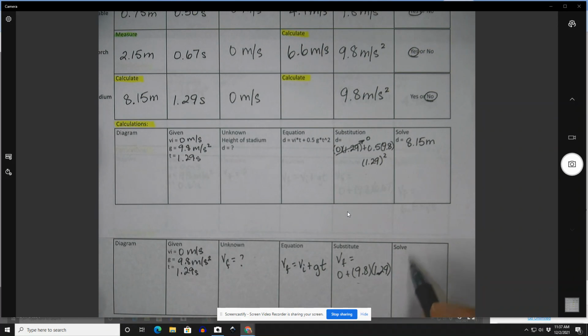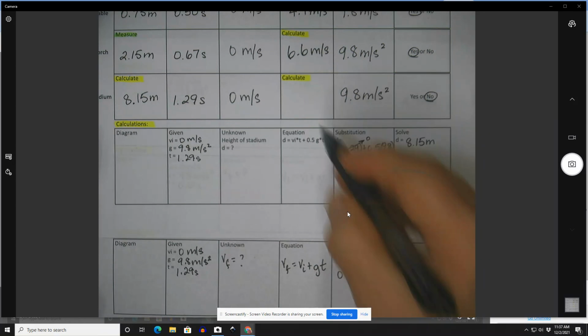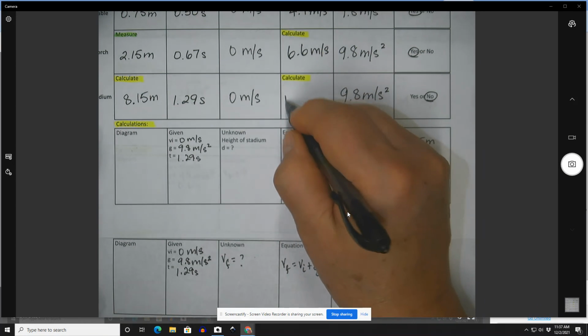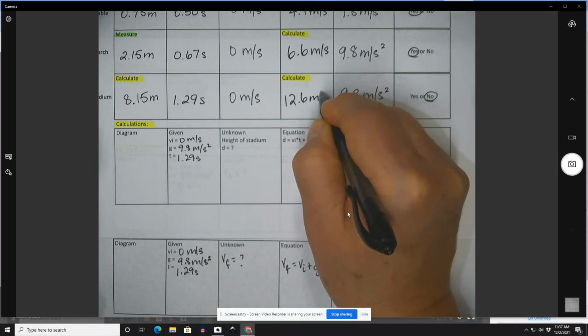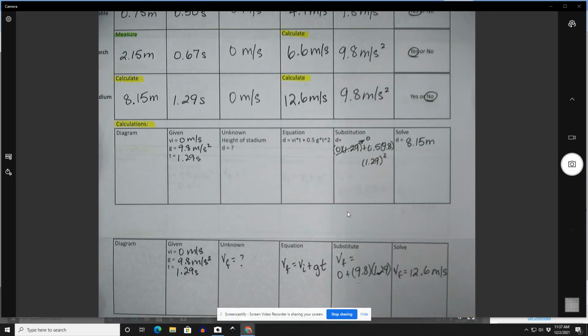And when we calculate that, we find that our final velocity is 12.6 meters per second. And now that we've calculated that, we're going to put that up here in our table, 12.6 meters per second.